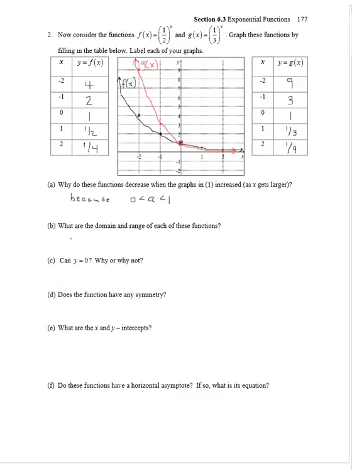So what are the domain and range? Well, for f of x, the domain is negative infinity to infinity, and the range is still 0 to infinity. For g of x, same thing. The domain is negative infinity to infinity, and the range is 0 to infinity.